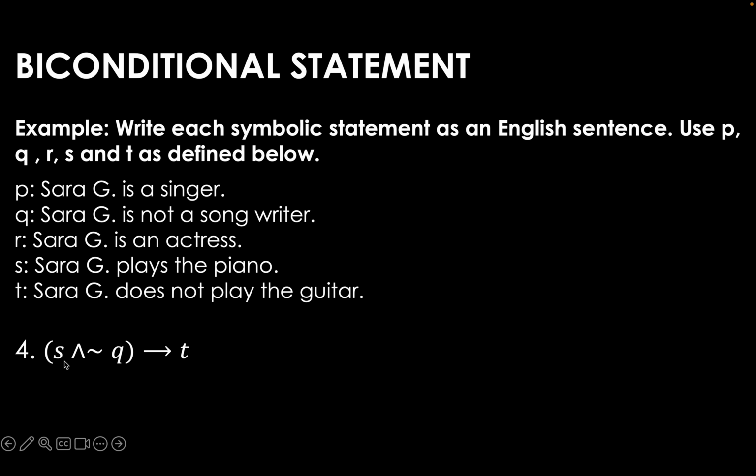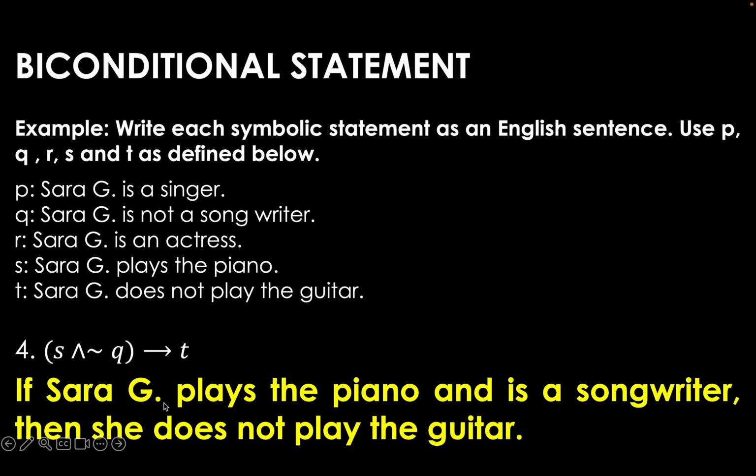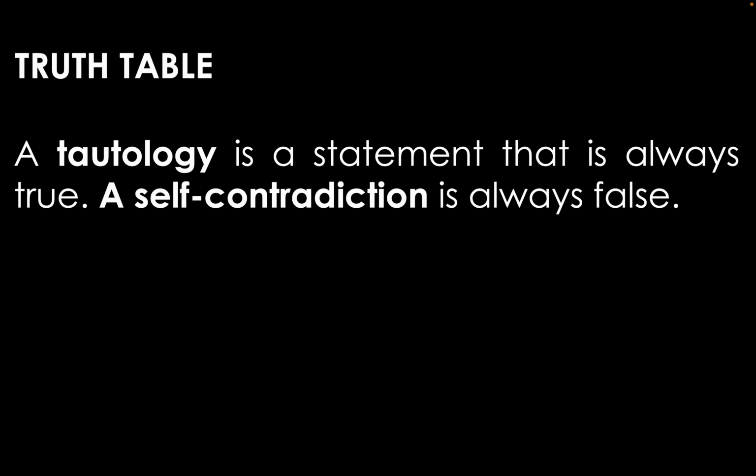Next, we have if S and not Q, then T. So we have if Sarah G plays the piano and is a songwriter, then she does not play the guitar. That is how you translate a symbolic statement to an English sentence.